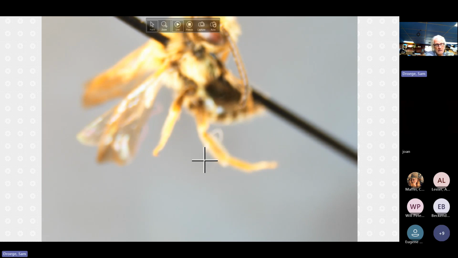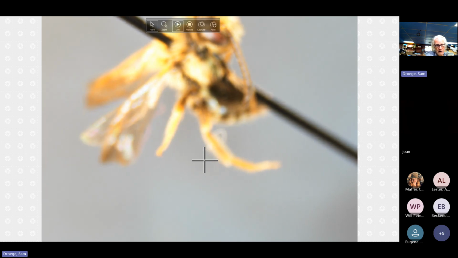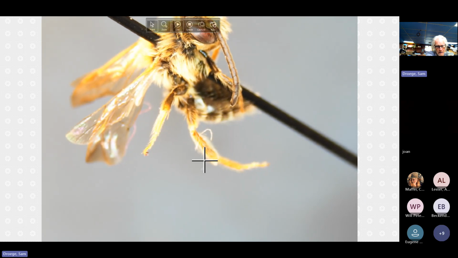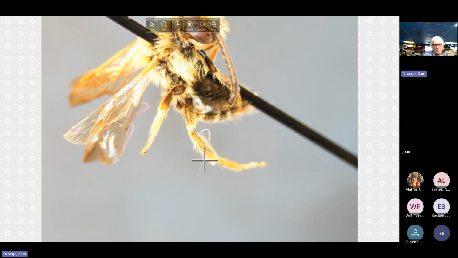That said, this is a male. It does have the classic Trachandrena propodial triangle with the raised line or carina across the tip that separates it from the vertical face.